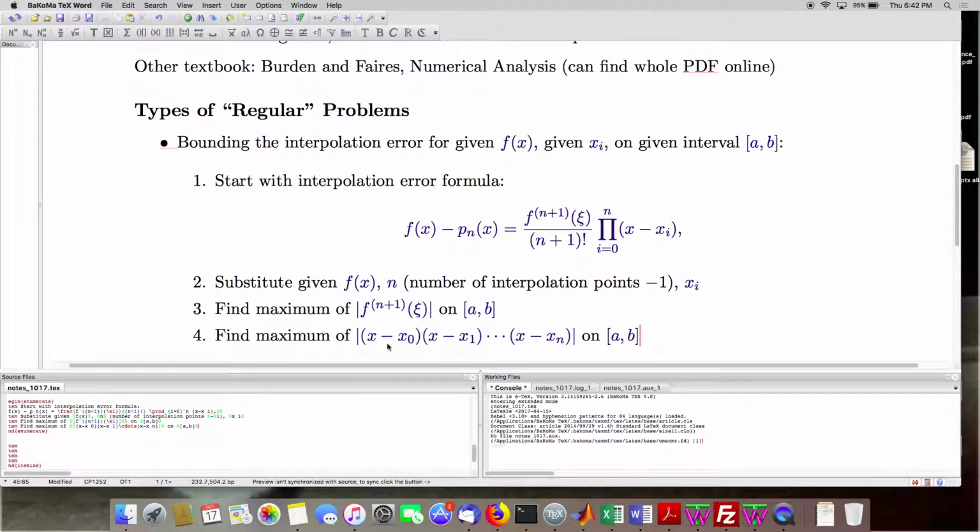They have to be done independently of each other because this part is evaluated at some x in AB, whereas this point is unknown. So we can't treat it all as one function.